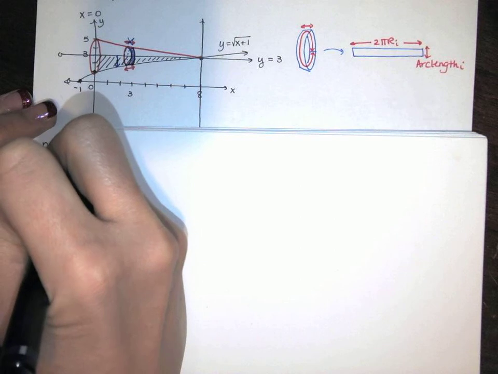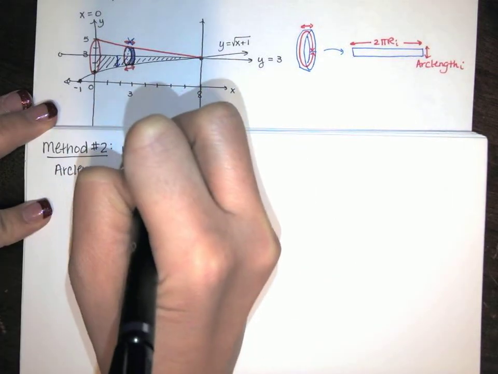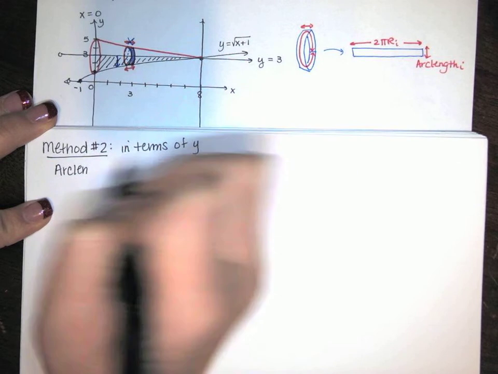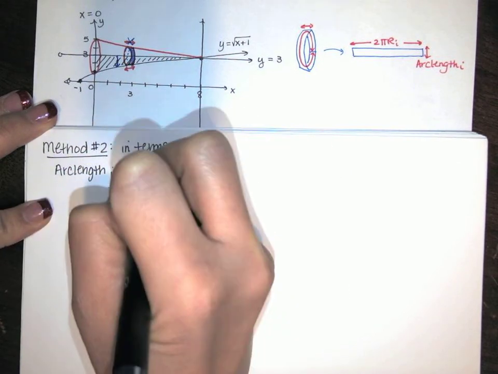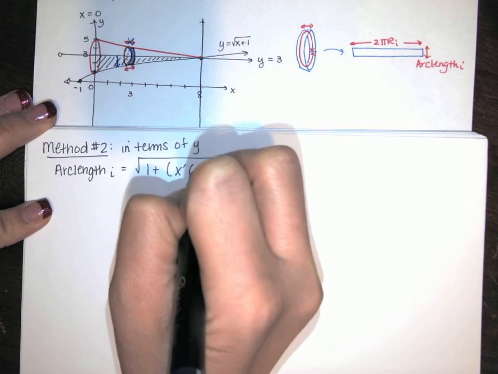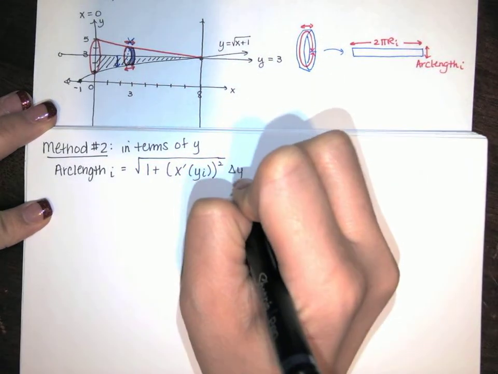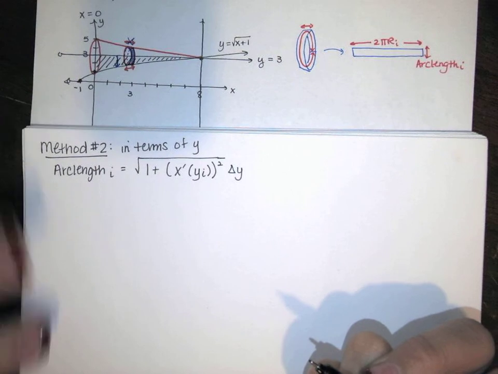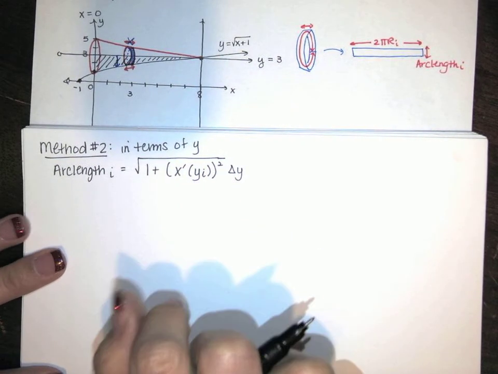Well, I still need arc length. There we go. In terms of y, that's the square root of 1 plus x prime of y sub i squared times delta y. Okay, so I need x as a function of y, and then I want to take its derivative and square it.